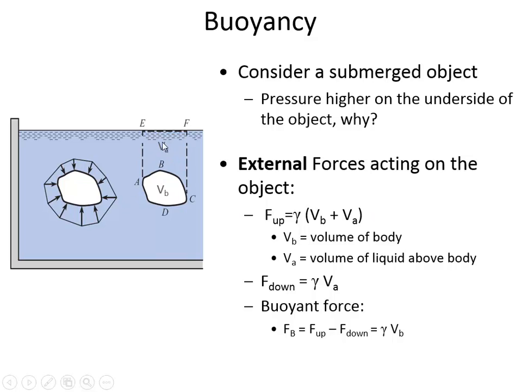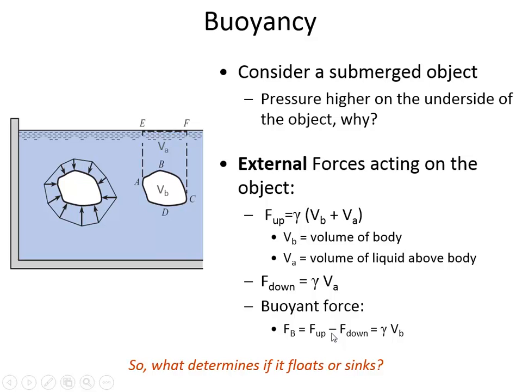So volume of A and the volume of object B. The force acting down, what's trying to push down on the object, is simply the weight of the water. So the unit weight multiplied by the volume above the object. And so the buoyant force is the difference between the two.